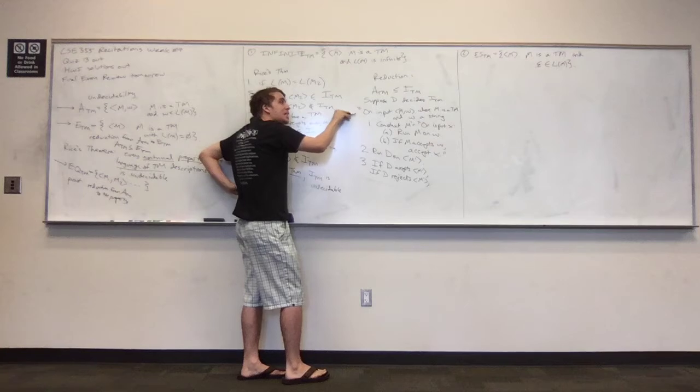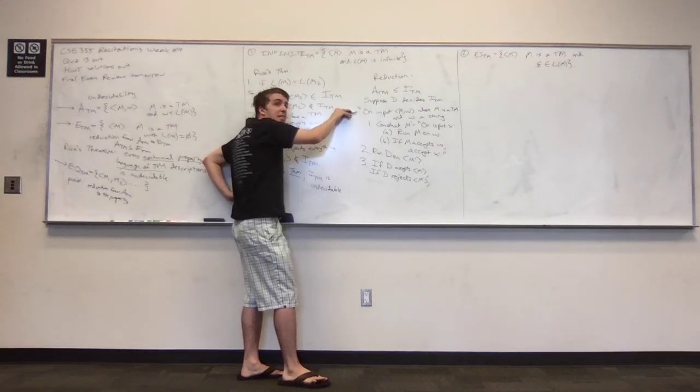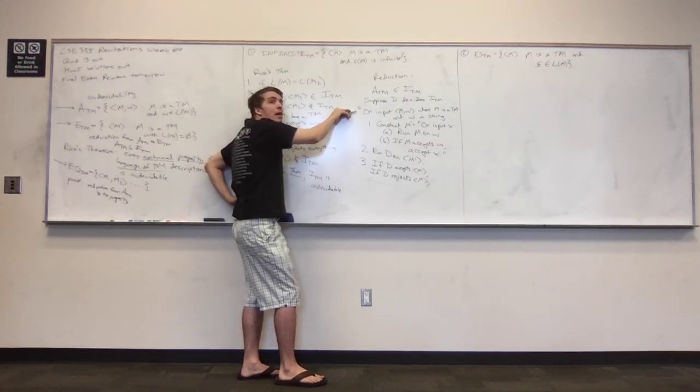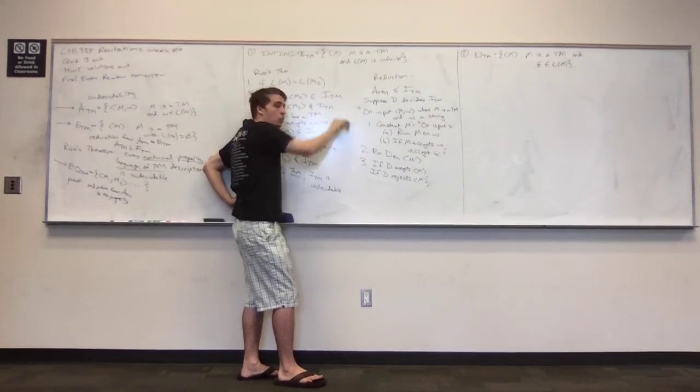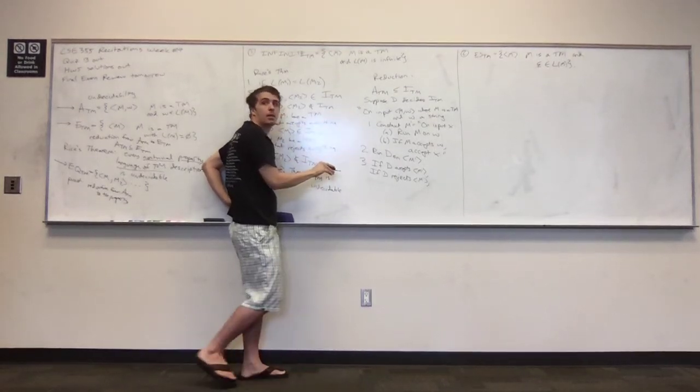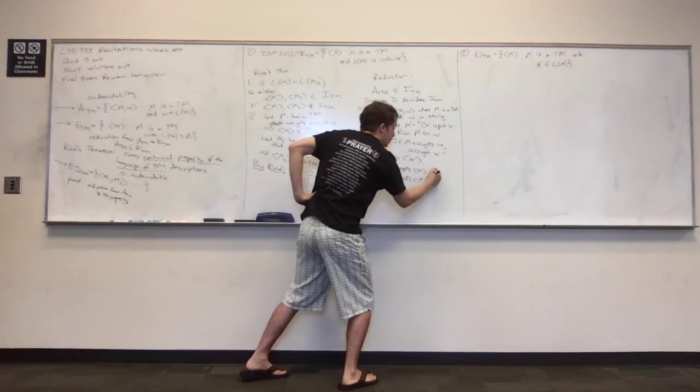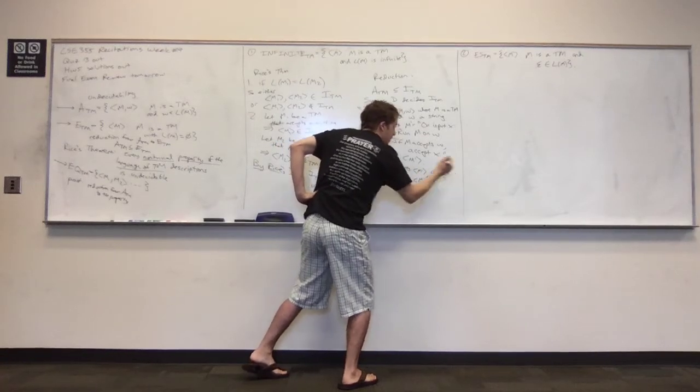What should I say to my supposed decider for ATM? I just determined M accepts W. And I'm trying to decide whether M accepts W. So what should I say to here then? I should say accept.